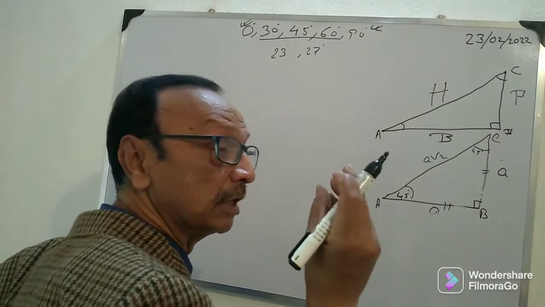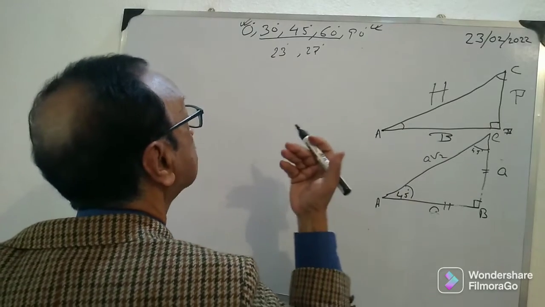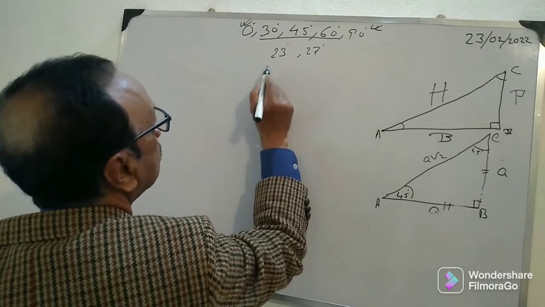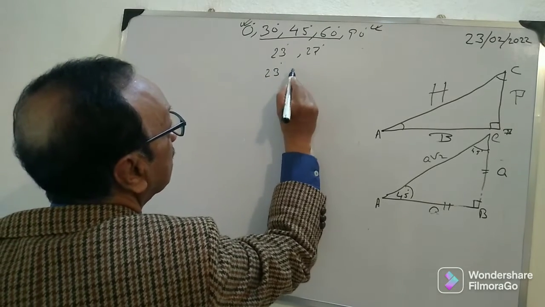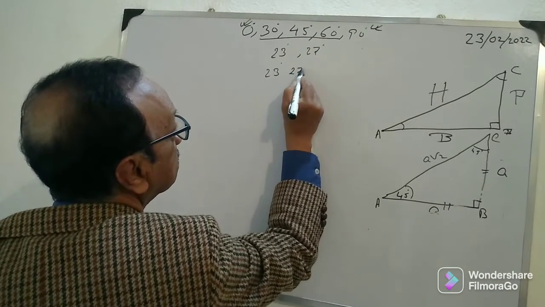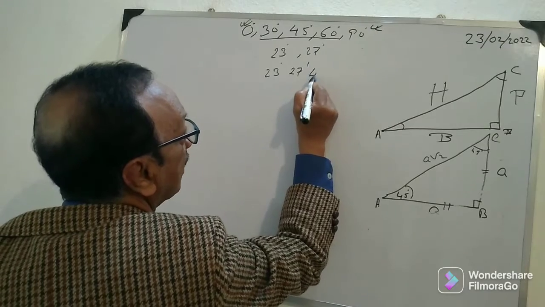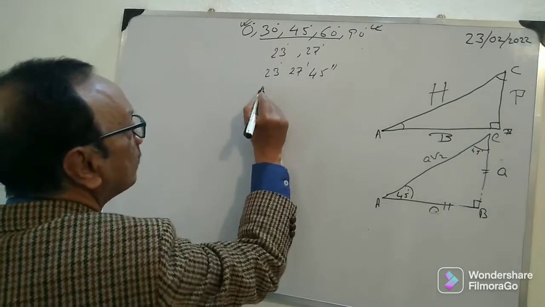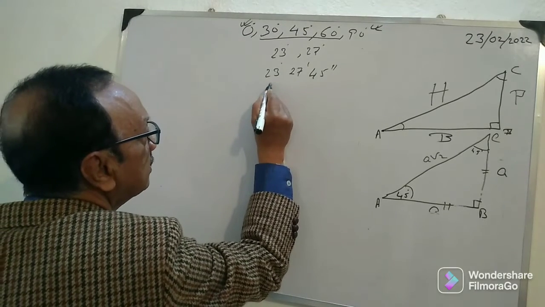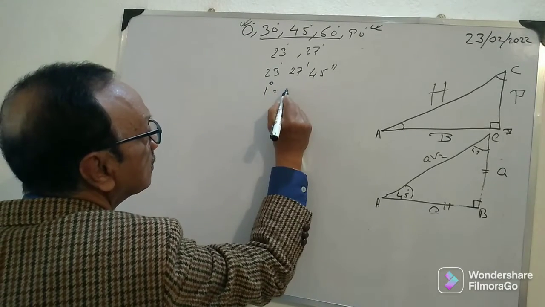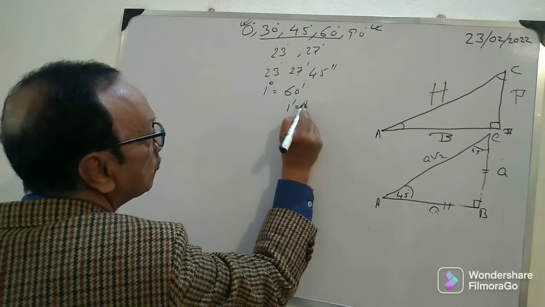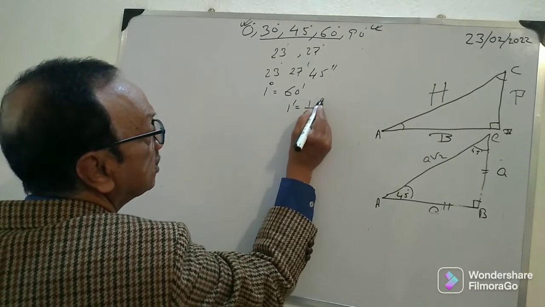And even some small things are given. Suppose 23 degree, 27 minute and 45 seconds is given. What is minute and second? 1 degree has 60 minutes, so 1 minute will be 1 by 60 degree.